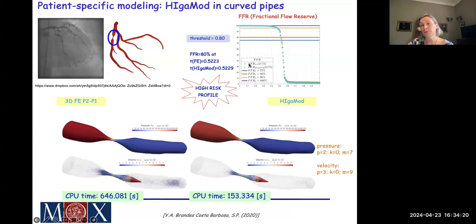And it is interesting to realize that both the approximations essentially identify the same location where this strong drop takes place. And both of the approximations essentially identify this trend as a high risk profile. So this is, if you want, an additional information that may have an impact if you decide to resort to the reduced contribution, also from a practical viewpoint, I mean in clinical practice.